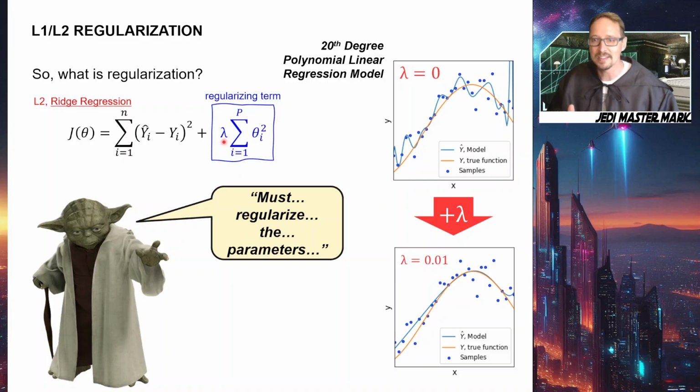So this is something that doesn't show up in our end model, but it is important to training, because it affects this cost function. This example of L2 regularization just means that we're squaring this theta parameter. And this is often called ridge regression when it's combined with linear regression.